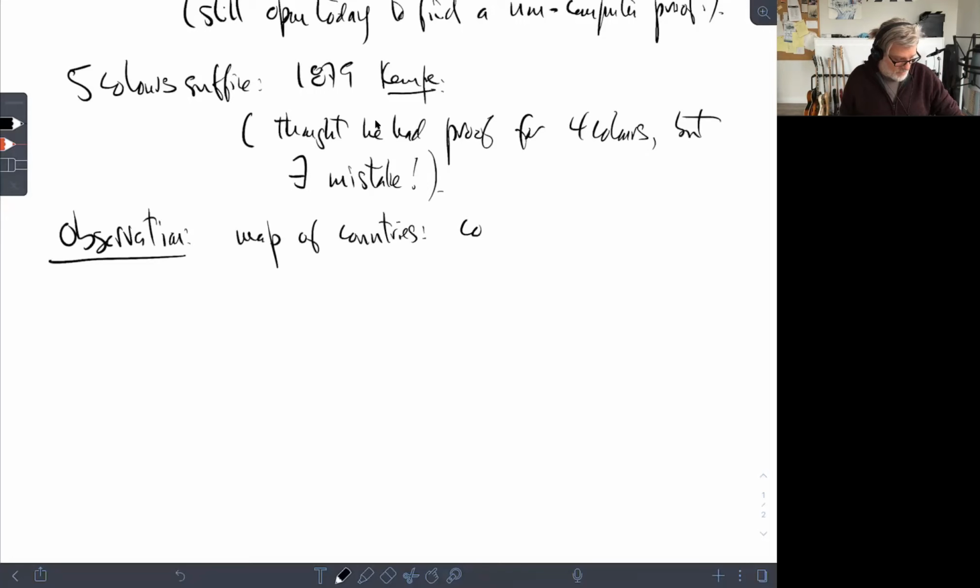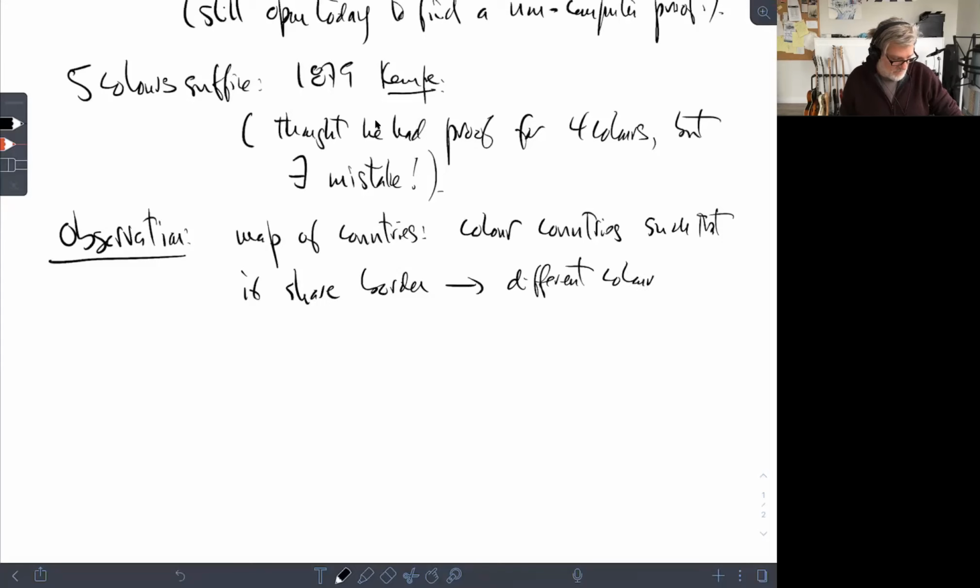And we want to color the countries such that if they share a border, it means they get different colors, right?